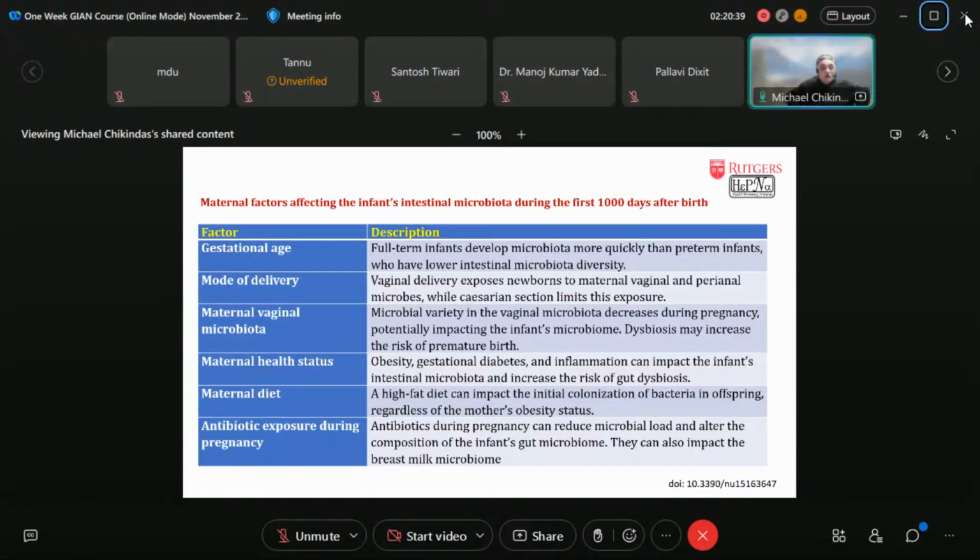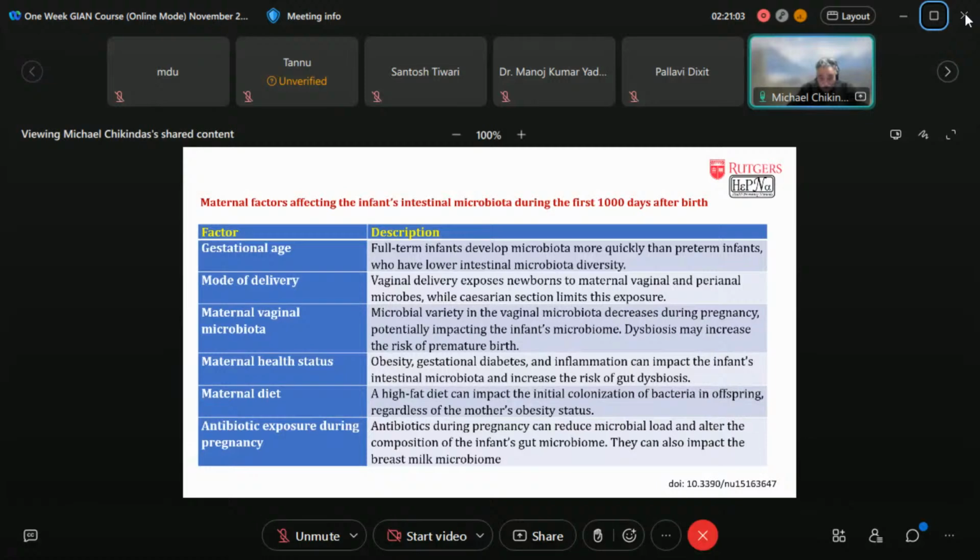Mode of delivery, we already mentioned today. The differences between the C-section and the normal delivery: colonization goes through the vaginal delivery route, while C-section delivered babies need additional time and effort for restoration of normal microbiota.